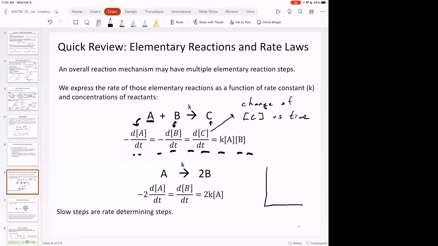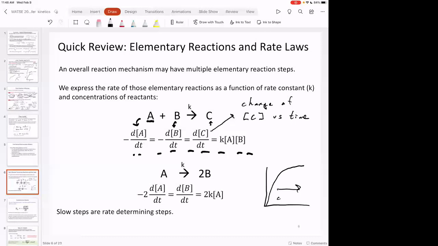So what's happening when we do this is the polymer concentration or the monomer concentration is changing as a function of time because we're making polymer, right? So the whole process we're talking about is going from monomer to polymer, which means the monomer concentration is decreasing and the polymer concentration is increasing.